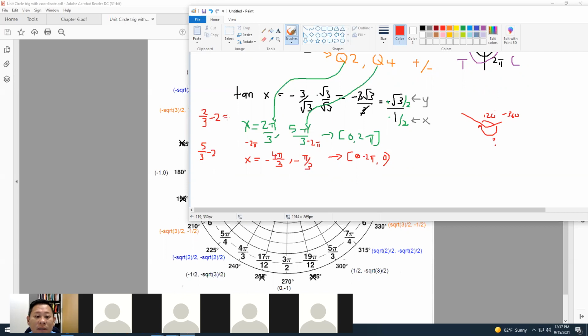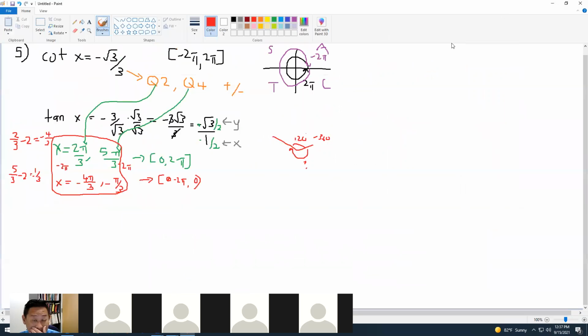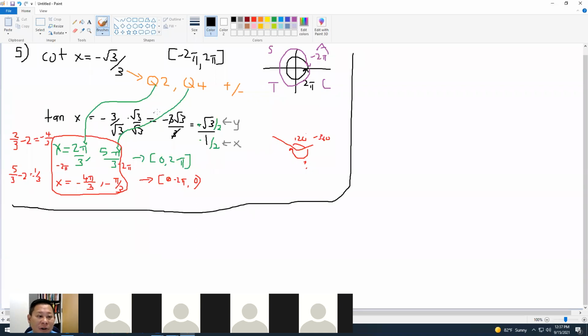So this will be your answer for this case. Tough? Make sure you know how to figure this out. This is what we call the inverse trigonometric function, which you will learn in the coming section 6.6.